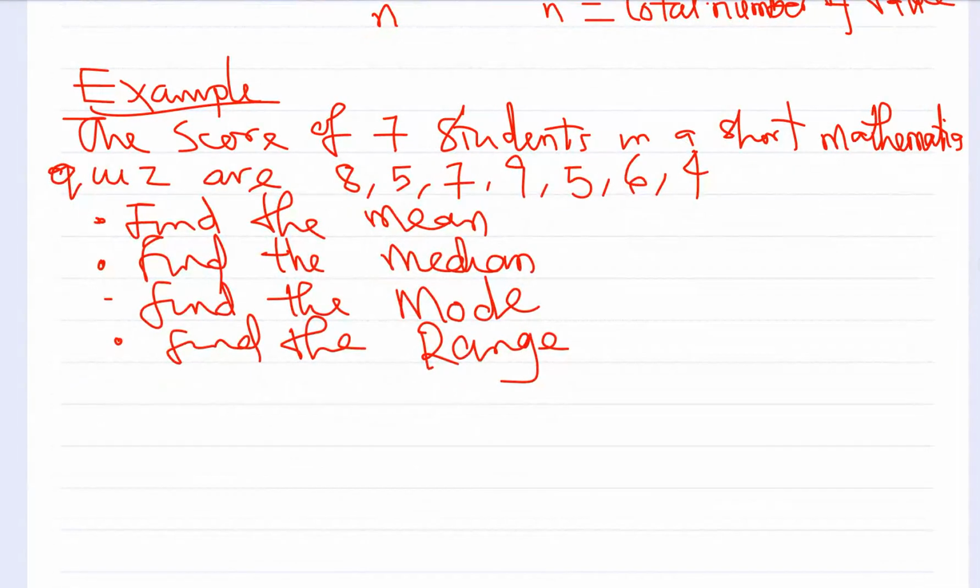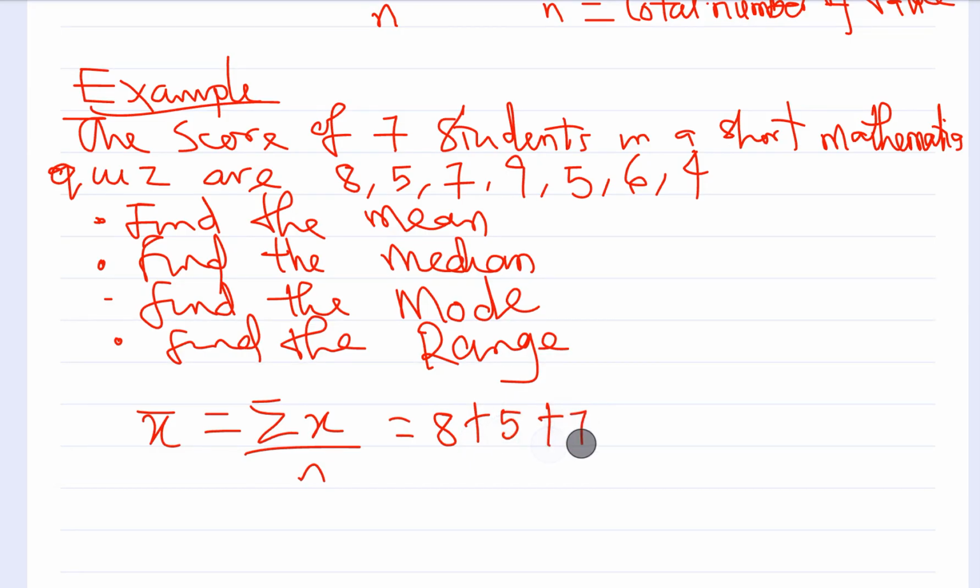Now first, the mean. The mean is the average, right? Mean is x bar equal to summation x over n. And summation x means the addition of everything. So that's 8 plus 5 plus 7 plus 9 plus 5 plus 6 and then plus 4.